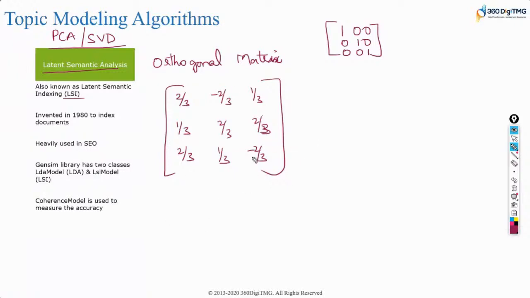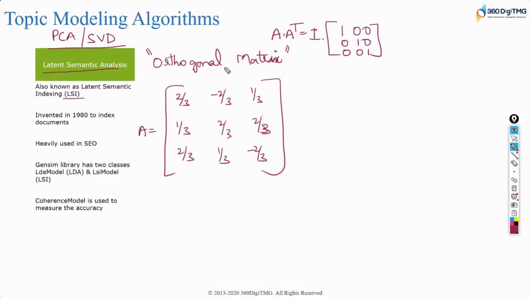If you have a matrix like this, this matrix is called an orthogonal matrix. If this is A, then A into A transpose will be equivalent to identity matrix.